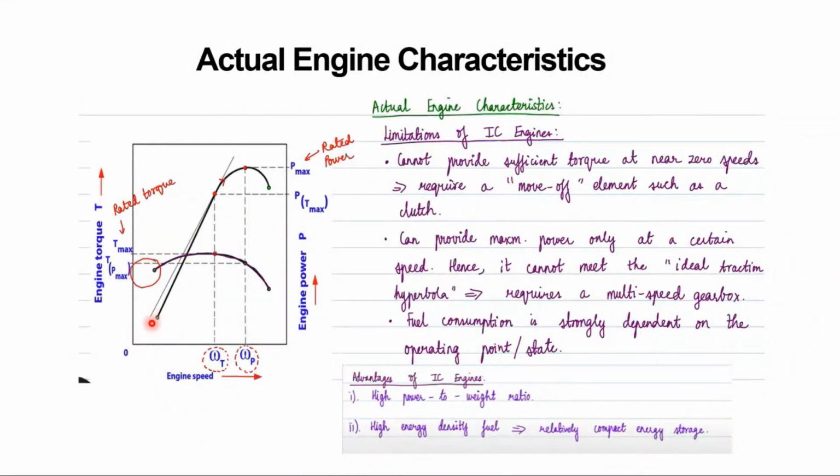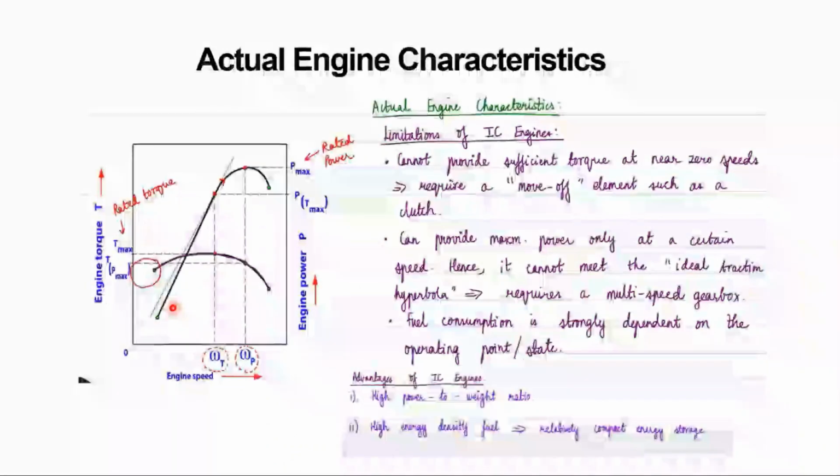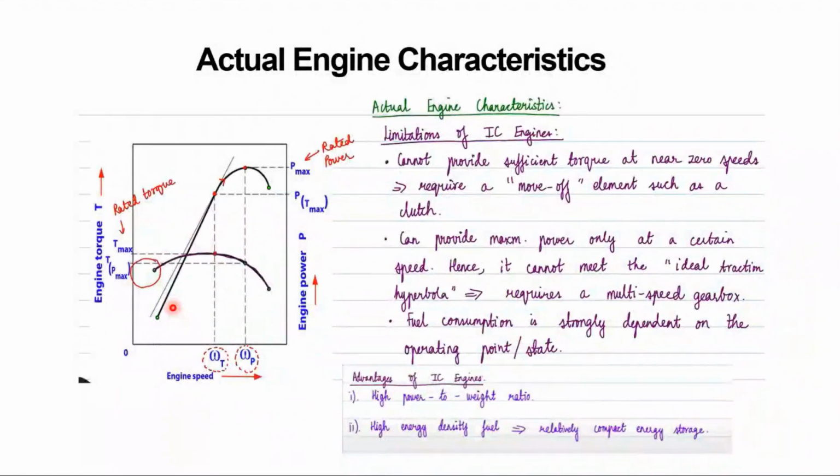Hence you need a moving element such as a clutch and gearbox, where you can have the high torque at the initial zero speed, and also at non-zero speed, where the vehicle can run at 800 rpm or 700 rpm, where you need to have the high torque. It can provide maximum power only at a particular speed.